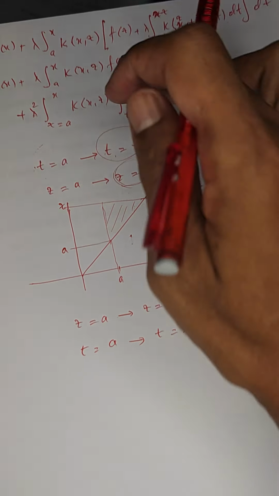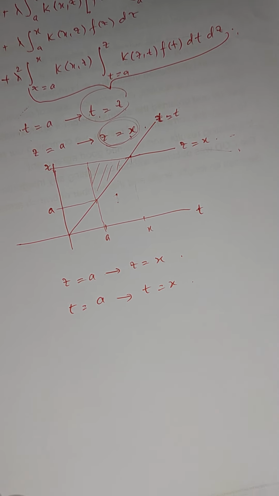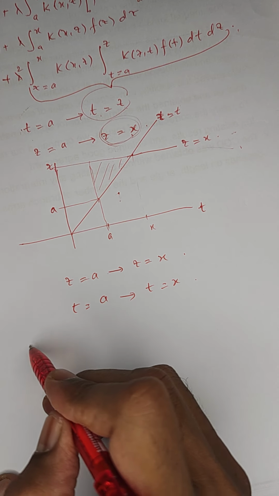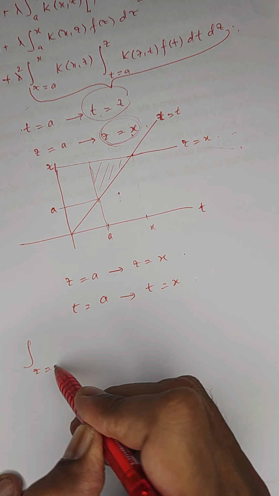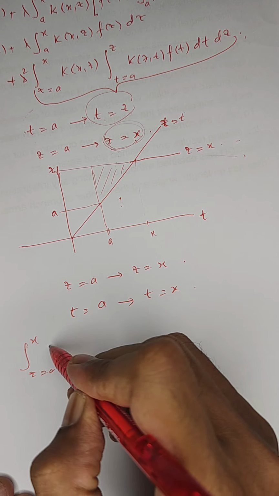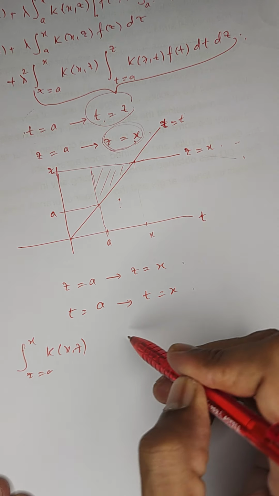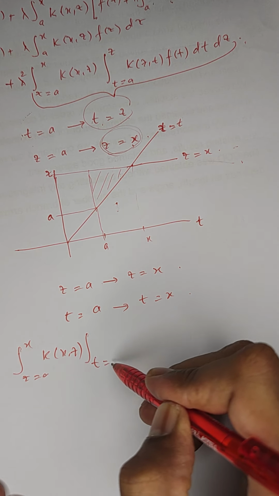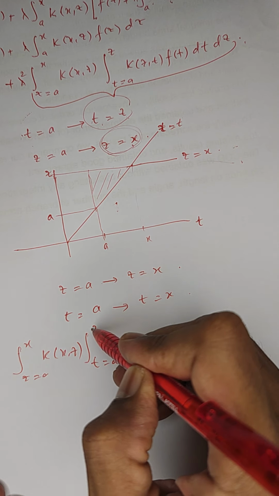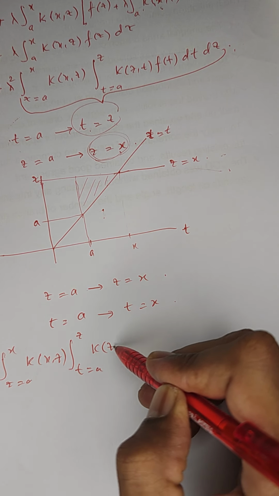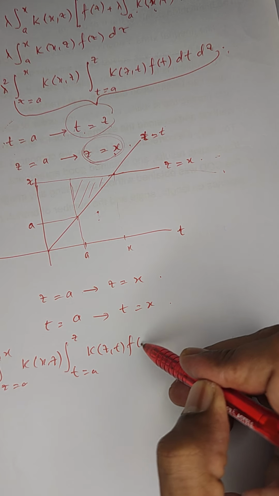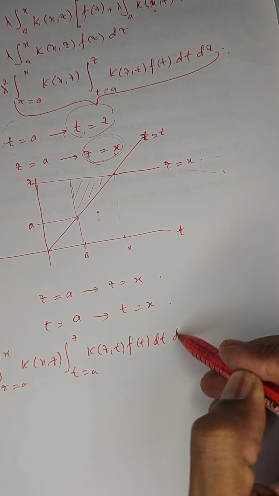So therefore our integration here is: integral z from a to x of k(x,z) integral t from a to z of k(z,t) f(t) dt dz.